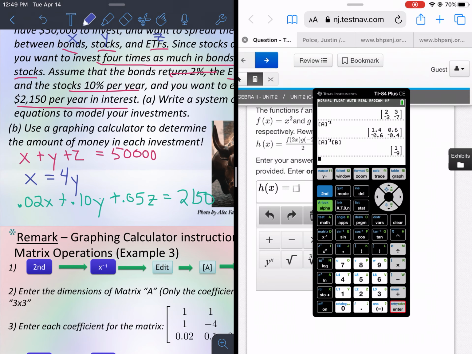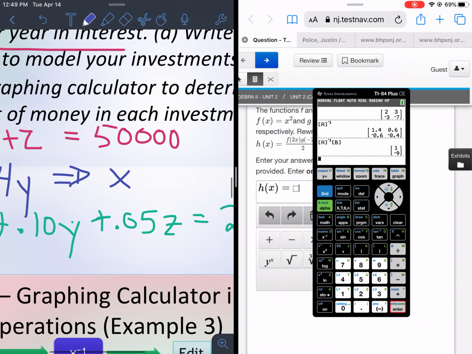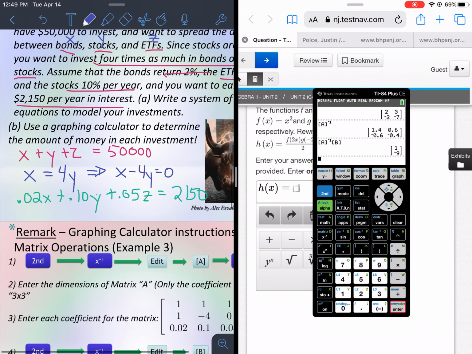However, in order for us to put it in the calculator, remember we need a matrix of coefficients. That means the second equation, we have to change that to x minus 4y equals 0. Okay, 3 different equations.